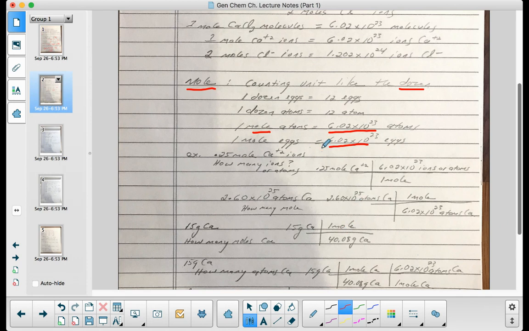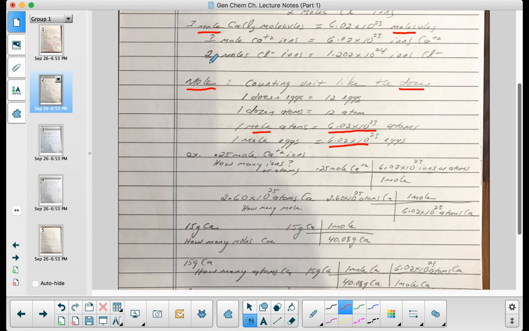So, up here, if I were to write this statement, 1 mole of calcium chloride molecules, I can use this mole term to describe anything. 1 mole of calcium chloride molecules is 6.02 times 10 to the 23rd molecules. If I have 1 mole of calcium 2+ ions, I have 6.02 times 10 to the 23rd ions of calcium 2+.